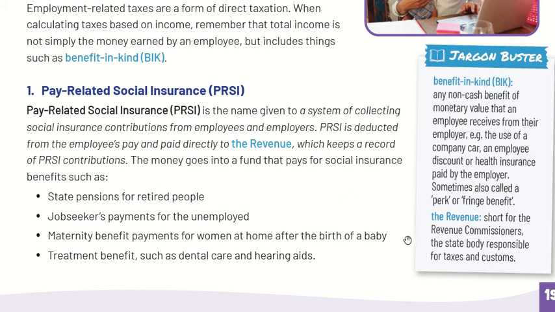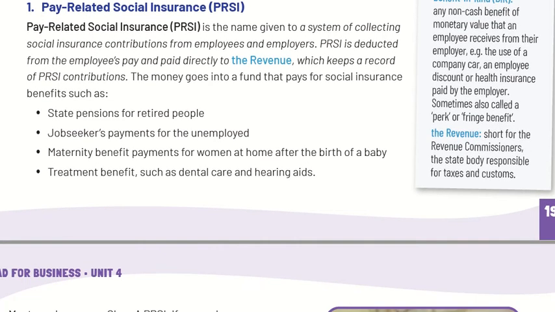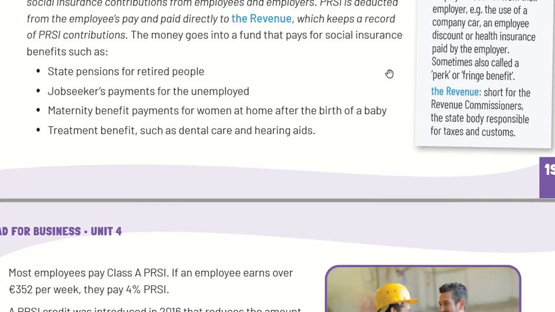As I said, we talked about direct taxes the last day, so we're aware of it. And what is it paid for? It's social insurance, so it's used to pay for state pensions. When you retire, you've paid in your contributions for the state pension, and you get that once you hit pension age.